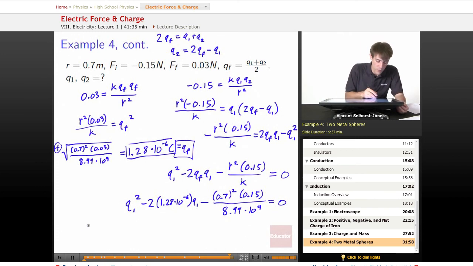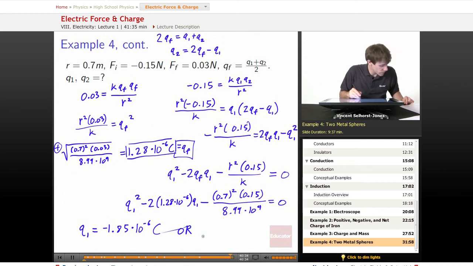If you do either one of those, you'll find out that the two possibilities for Q1 are either negative 1.85 times 10 to the negative 6th coulombs, or positive 4.41 times 10 to the negative 6th coulombs.